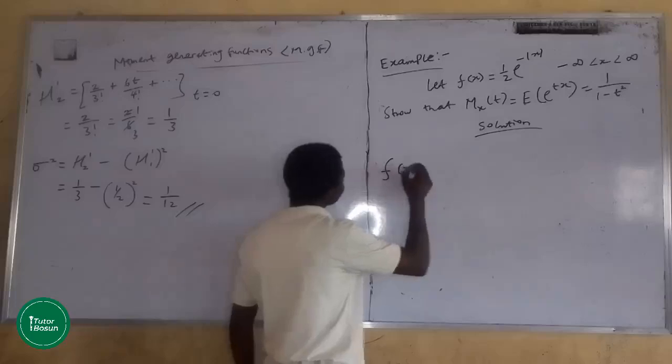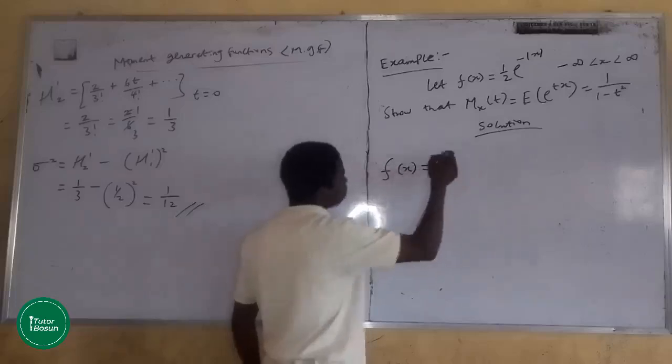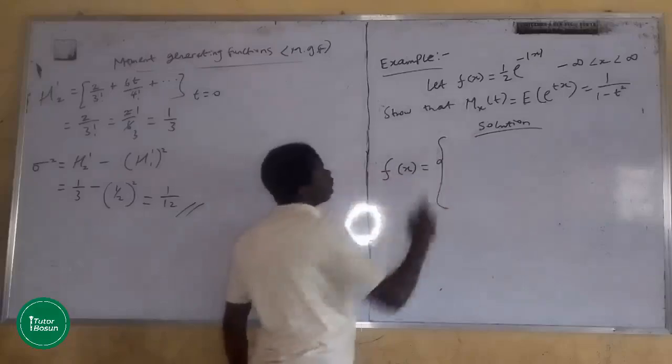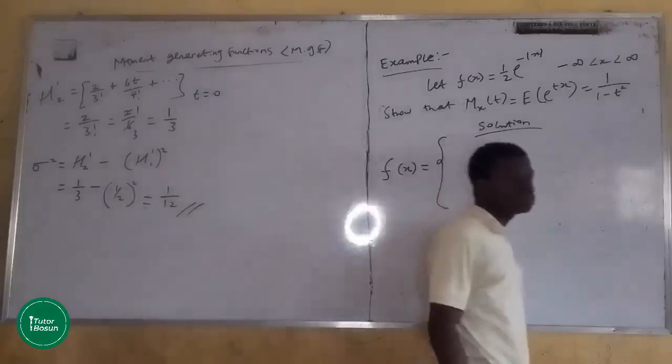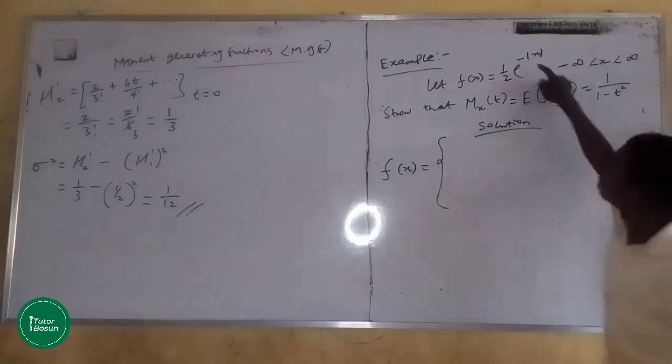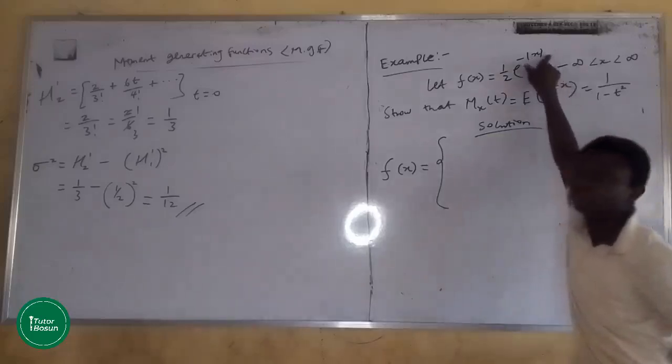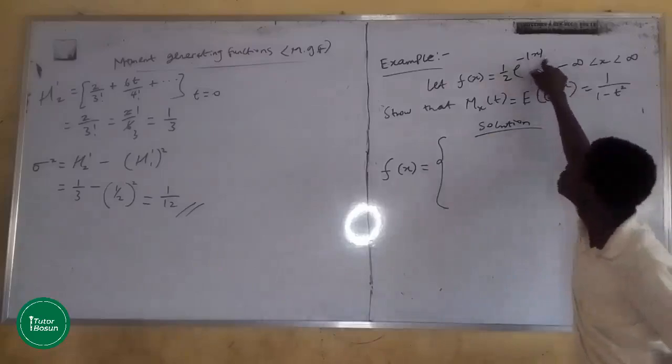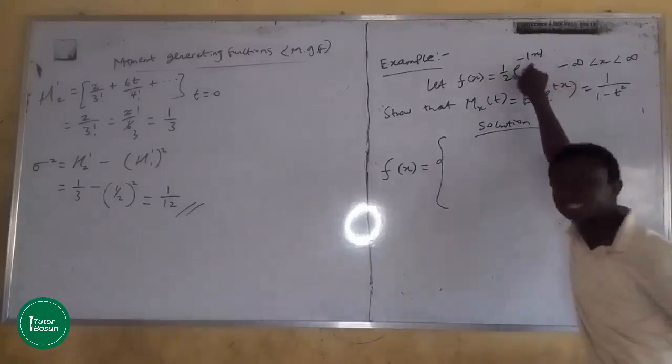So rewriting this in the form of a probability density function, here we have 1/2 exponential minus modulus of x. When you have a modulus of x, it means that x can be positive and x can be negative.